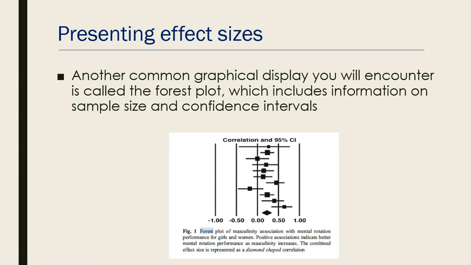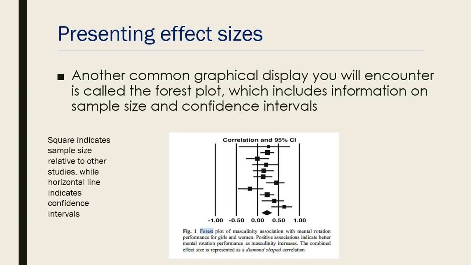Now, another common graphical display you'll encounter is called the forest plot. This includes information on the sample size used, as well as the confidence intervals of the estimate. Now you can see here that the square used in each study indicates the sample size of that study relative to others.